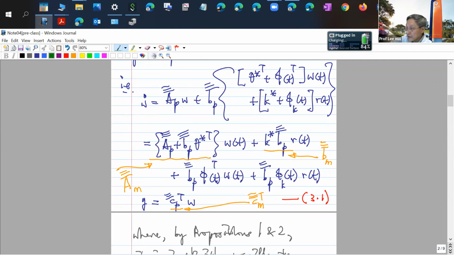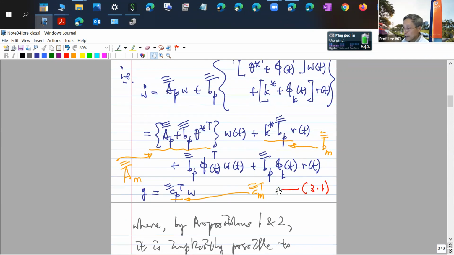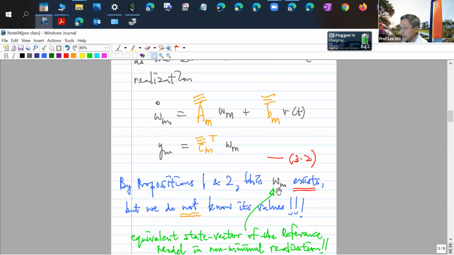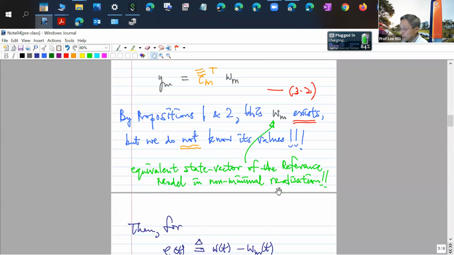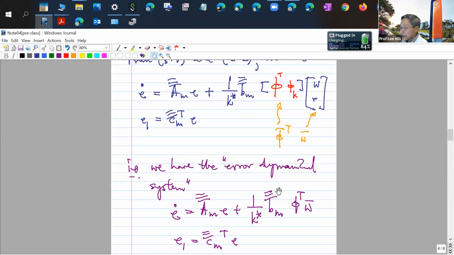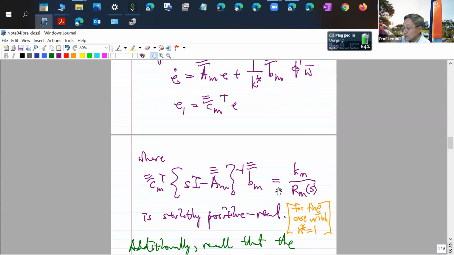If you put in the perfect control gains, you get AM triple bar, BM triple bar, CM triple bar. And you also knew that when you get these things with the perfect control gains, what then happens is that AM triple bar, BM triple bar, CM triple bar comes up to be KM over RMS. It comes up to be equal to this, and this is strictly positive real.